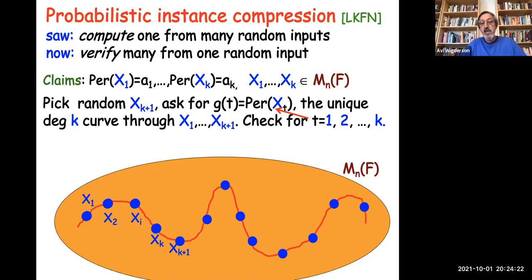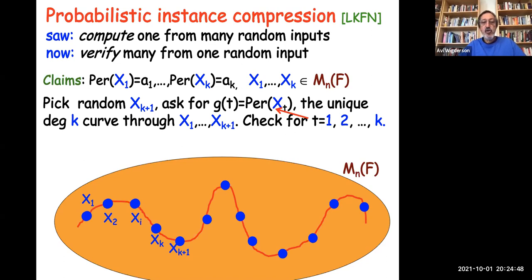As before, we can write it as a polynomial of low degree in one parameter, t, and we ask what's the permanent of the point t on this curve. We ask the prover to give us the permanent on this curve as a function of t. It's a univariate polynomial. It can give us all the coefficients of this polynomial.